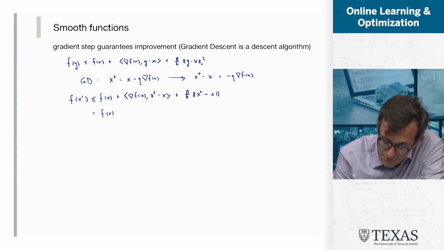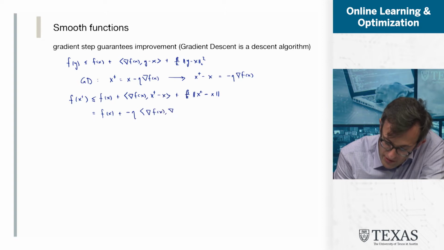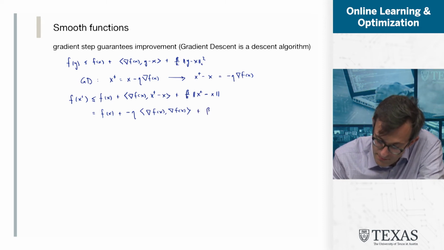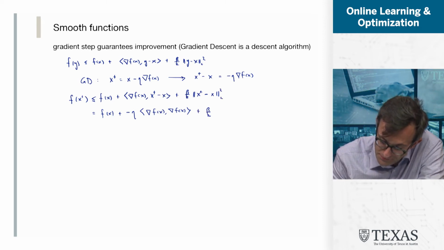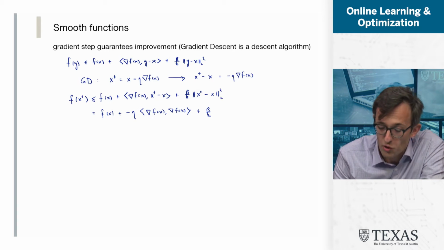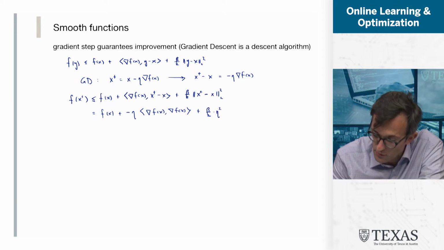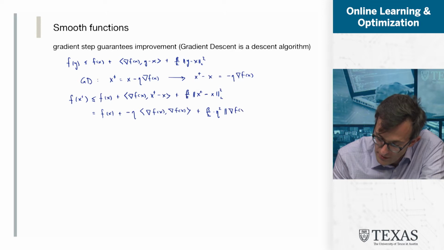Plugging that back in, I find that f of x plus is upper bounded by f of x plus minus eta gradient of f of x dot gradient of f of x. I just brought the minus eta outside of the dot product. Plus beta over 2 times the squared norm of x plus minus x. Minus eta comes outside squared as a positive eta squared, and I have the norm of the gradient of f of x squared.